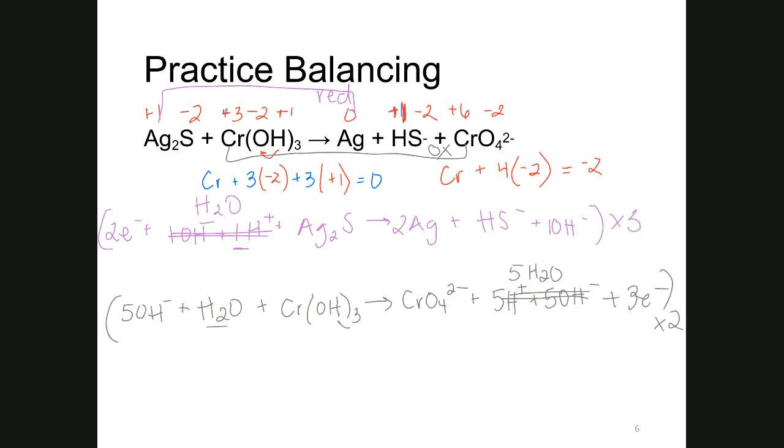So our new purple equation is going to be 6 electrons plus 3 waters plus 3 silver sulfides makes 6 silver plus 3 HS minus plus 3 hydroxides.